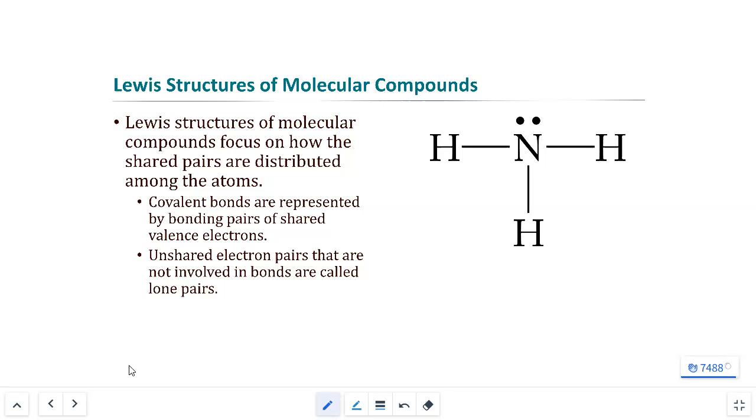How do I look at that compound, ammonia, and know for certain that every single one of those atoms has a full complement of electrons? And what do those lines in between each of the atoms represent?